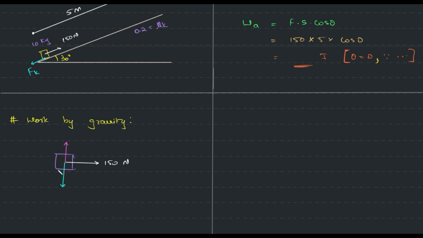And we have frictional force as well. F of k, if you want to write. This is your normal force, or I'll write R, since you might get confused. This would be mg, and this would be theta, so this is cos of 30 degrees.